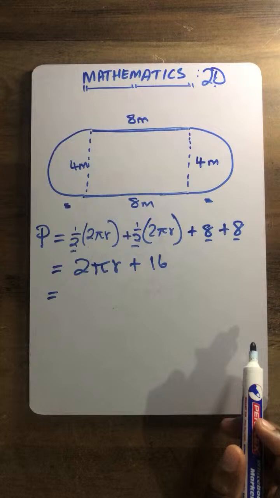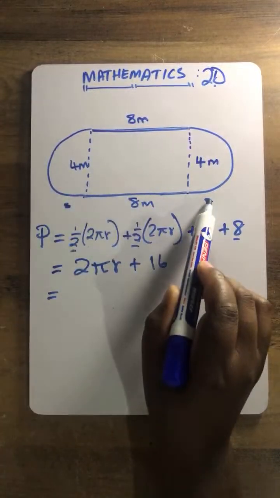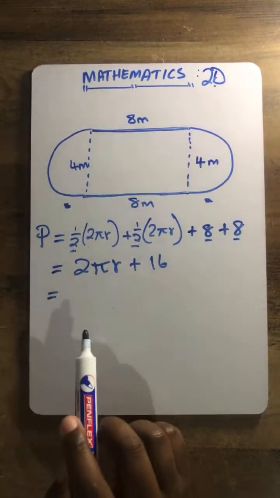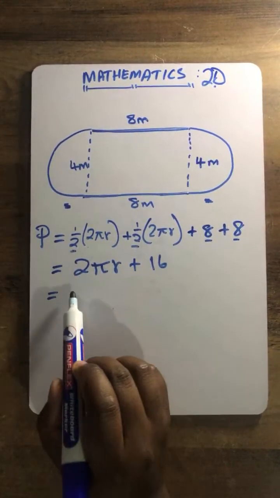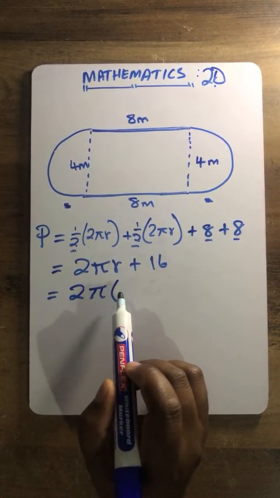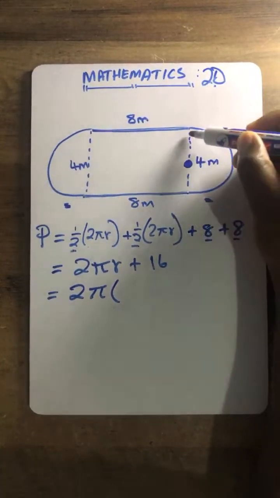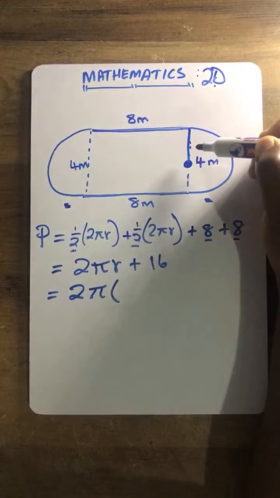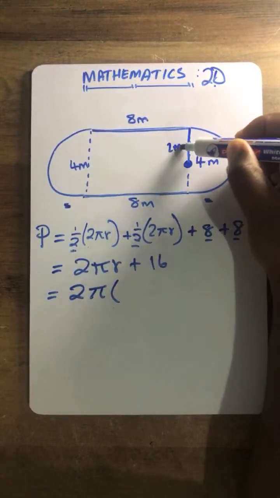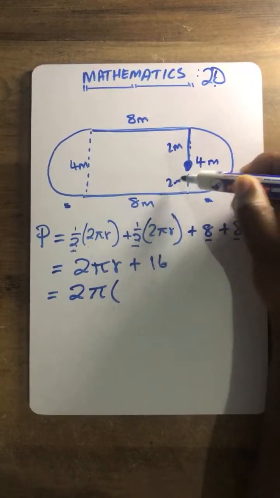So that means even if you did not consider these two as half but as just one circle, you are still going to be right. So the trick part here is for you to know that you have 2 pi r. What is r? R is the radius. The radius is from there to the center, which is what? Which is 2 meter. That means also from there to there, it is 2.